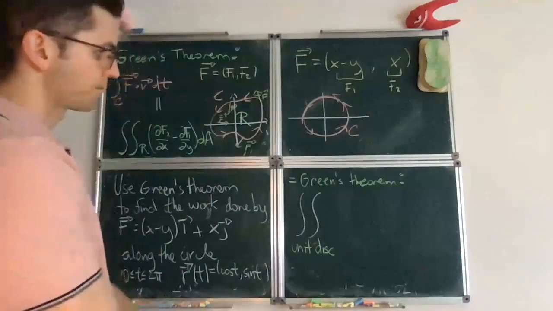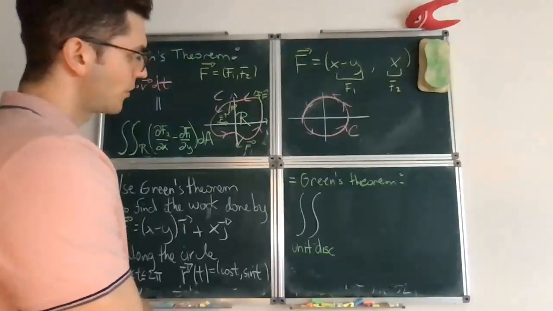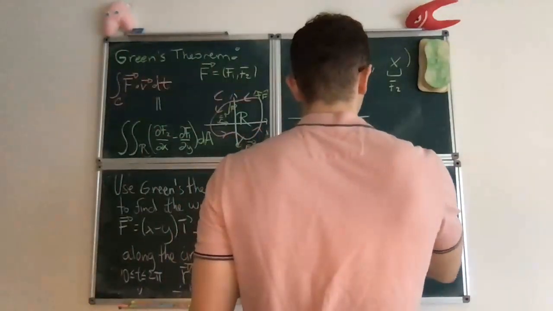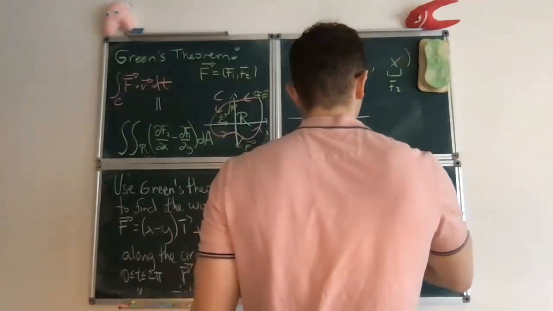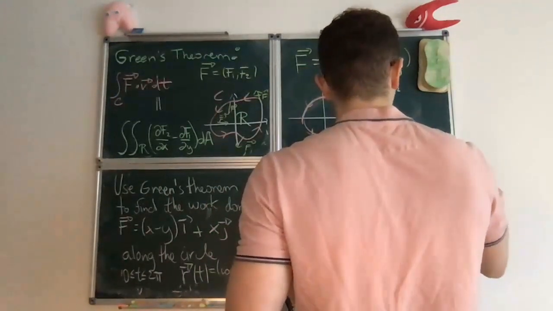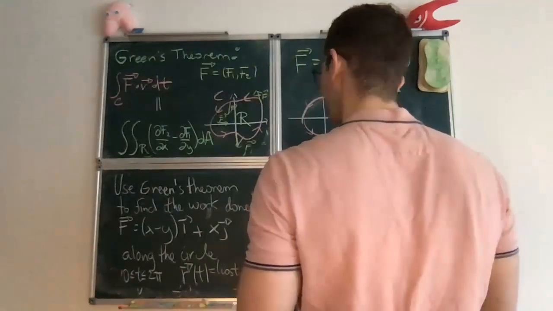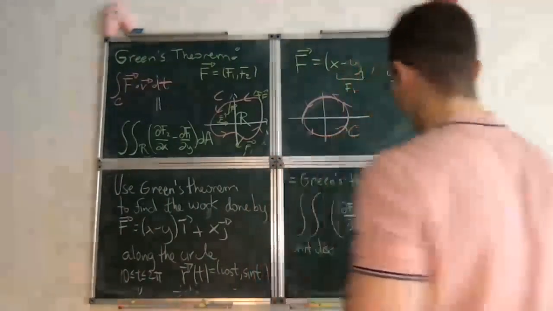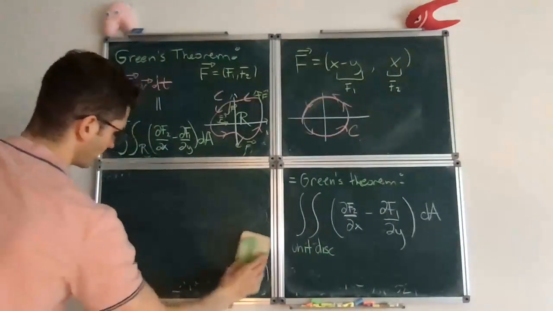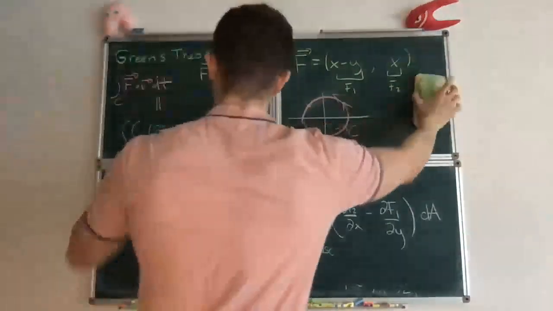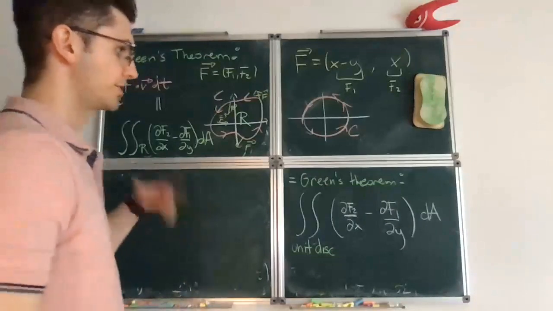And of what? Well, you have to put inside here the partial derivative of F2 with respect to x minus the partial derivative of F1 with respect to y, dA. I don't want to erase the statement because we'll use it also for the next video.